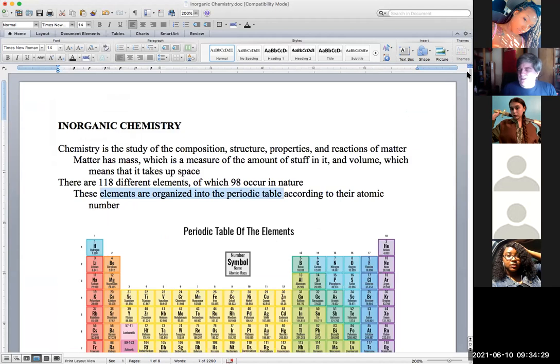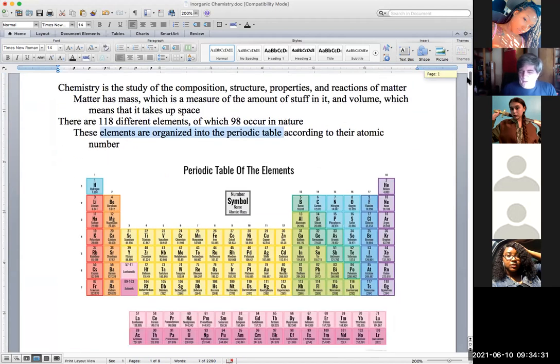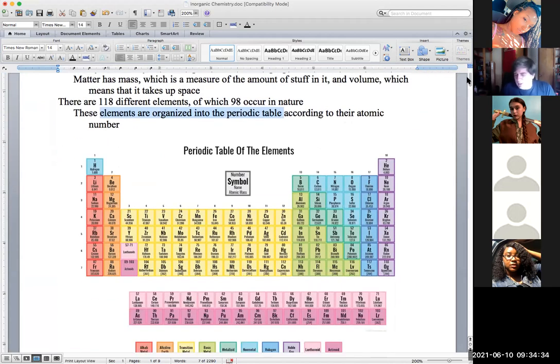And we want to keep this in mind because what we're going to talk about in a moment is what this organization reflects. So notice that the numbers are basically in numerical order, starting with number 1, then we start number 3 here with lithium, and then we start number 11 here with sodium, and number 19 here with potassium, all the way down to 118 lawrencium.